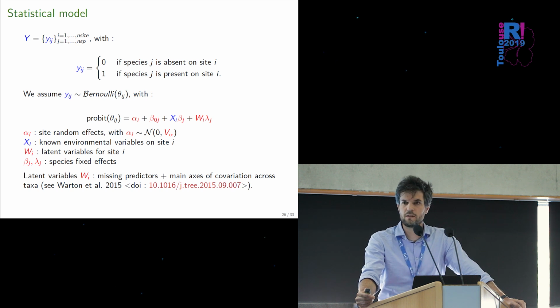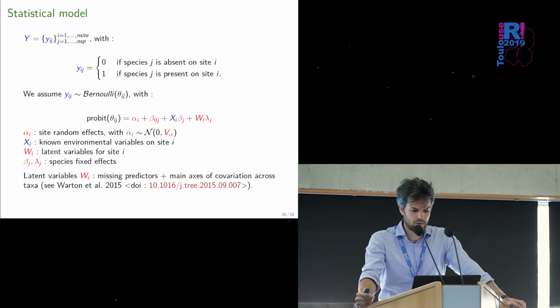This linear model includes a site random effect, known environmental variables for each site, also latent variables for site i in the matrix big W, and we have species fixed effects in this model.